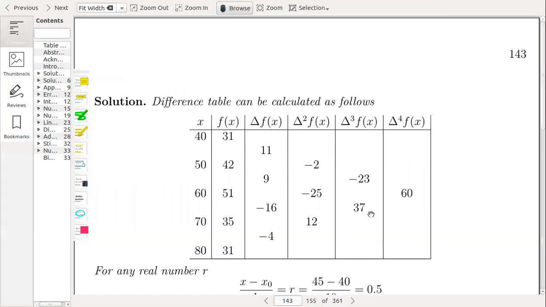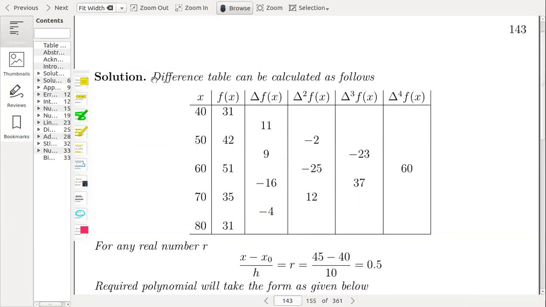For this, we need to proceed as we will construct the forward differences. So the difference table can be calculated as: for x equal to 40, we have f of x equal to 31; for x equal to 50, 42; x equal to 60, 51; for 70, 35; for 80, 31.